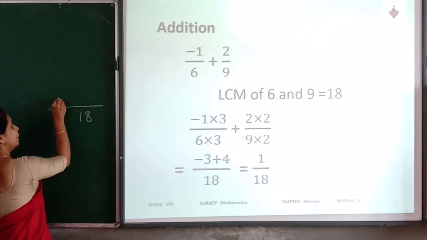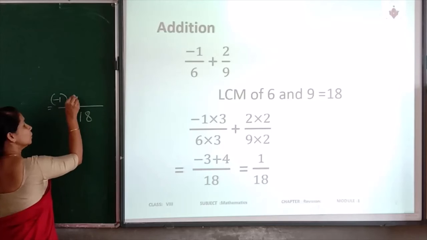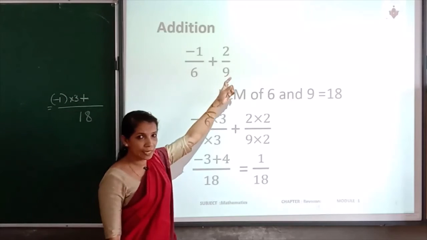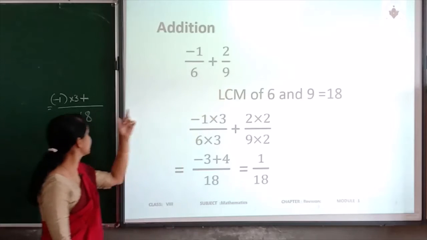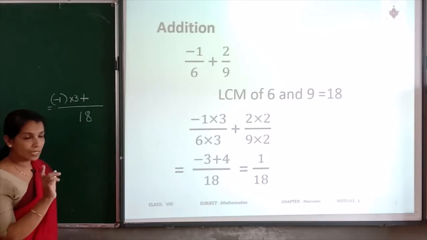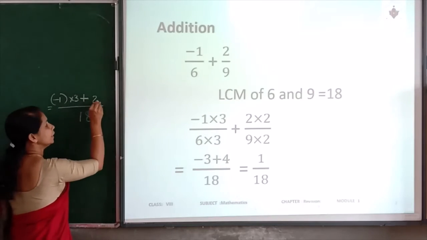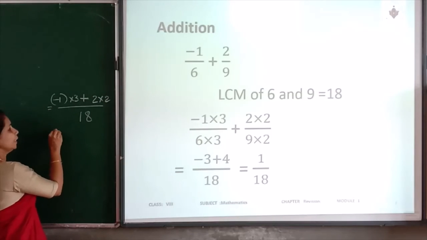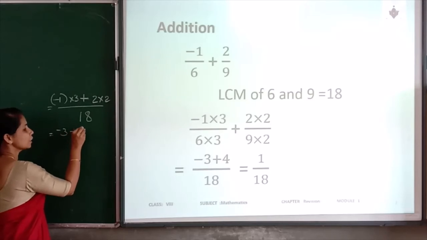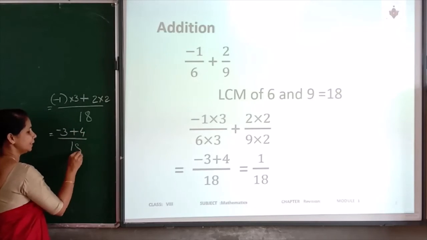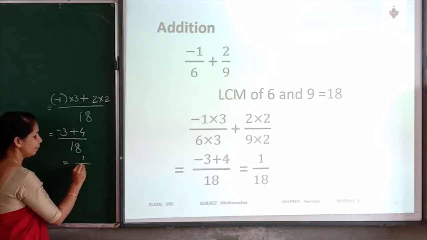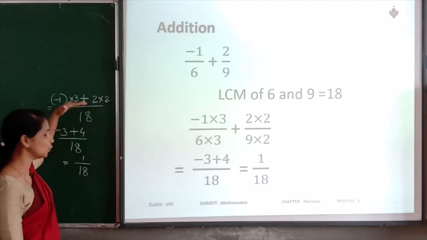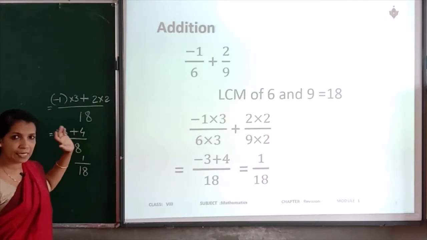You write there minus 1 into 3 plus. Next denominator 9. 9 into 2 gives 18. Multiply that 2 with the numerator, that is 2 into 2. That is equal to negative 3 plus 4 divided by 18 equal to 1 by 18. You will get the same answer. So this way you have to practice the addition and subtraction.